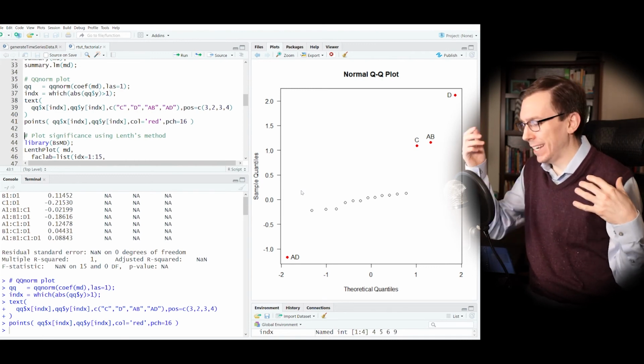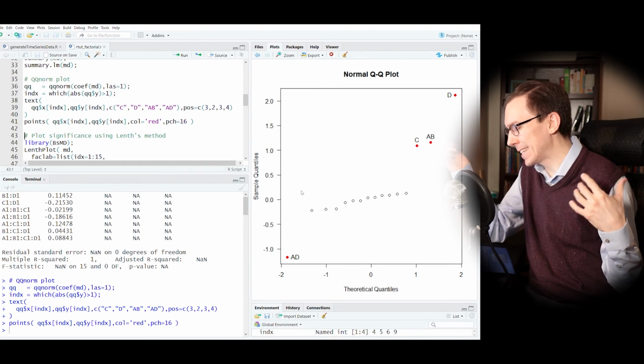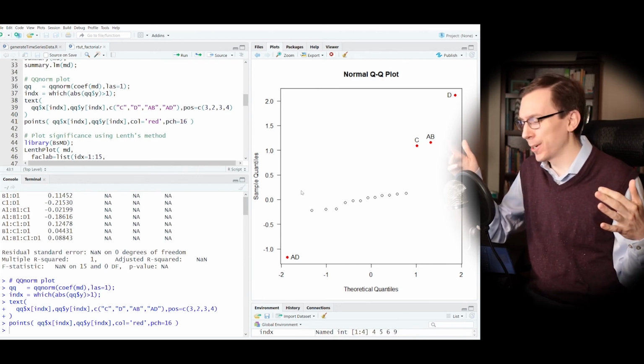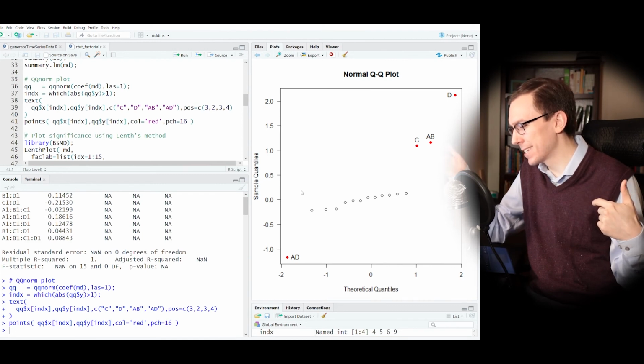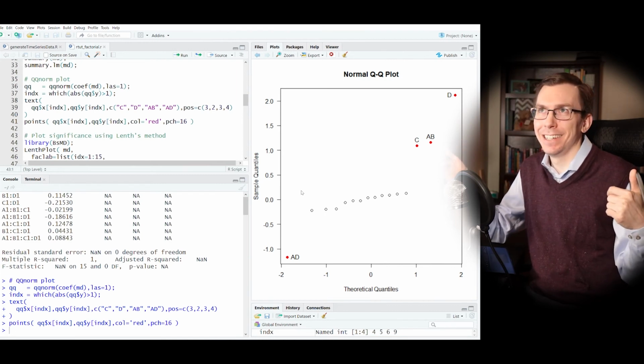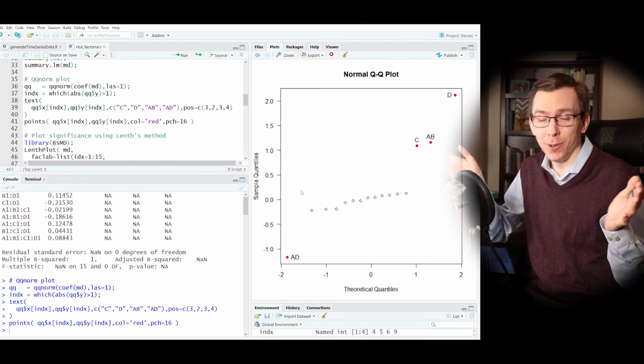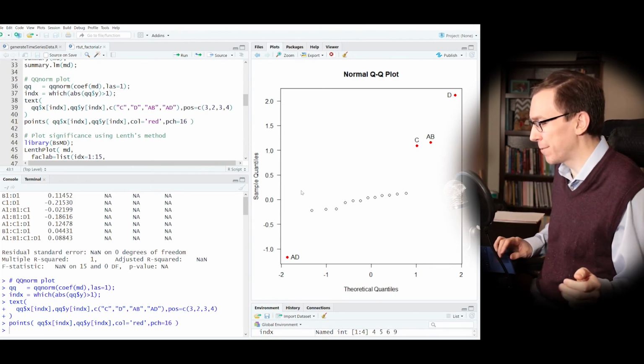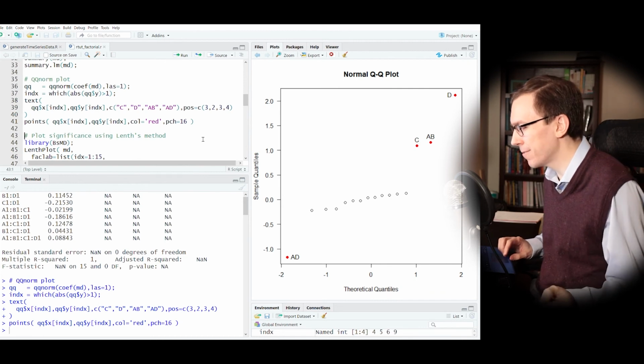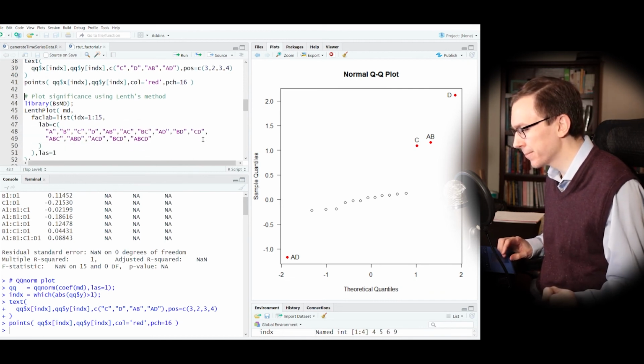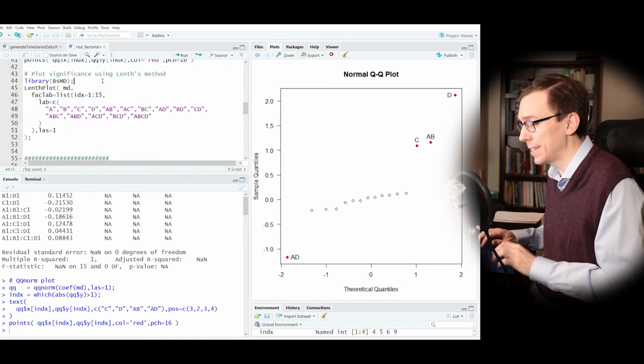I didn't actually normalize these, but the idea would be that if we were to normalize this, we should see coefficients that look like random normal noise, if our errors, the epsilons, are actually normal. We can also use Lenth's method.